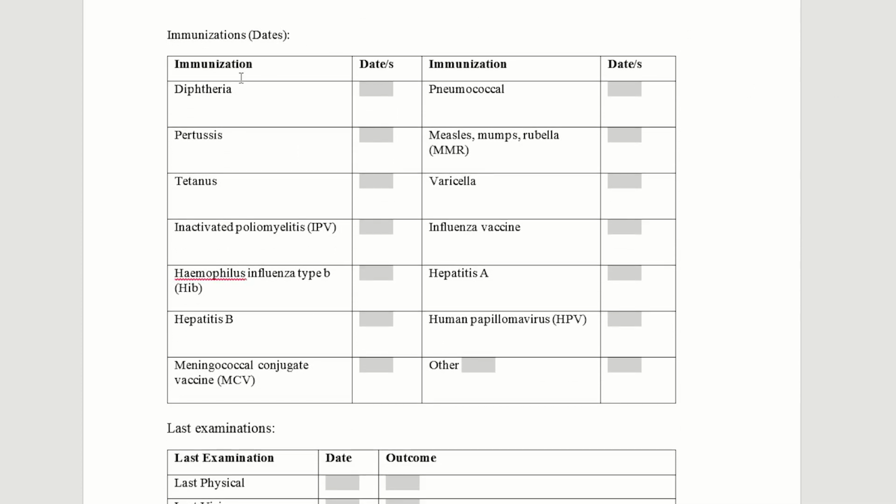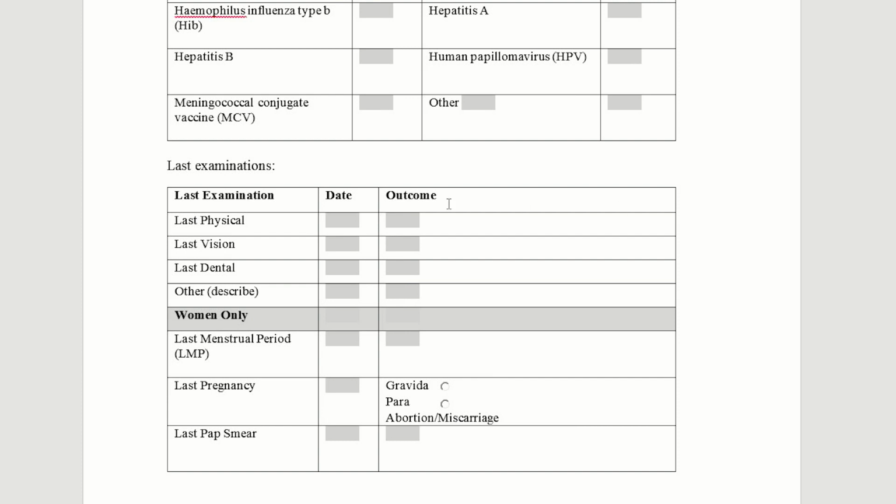These dates, as long as they know them, and some may not know the dates, especially if it's a different cohort, a different generation. So writing childhood is okay in those scenarios. When we go over last examinations, sometimes they might not remember the exact date, so try to find out a date as close as they can remember. Within a year is okay. So you want to put that there.